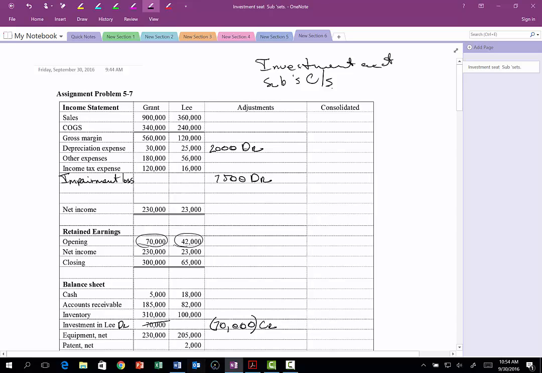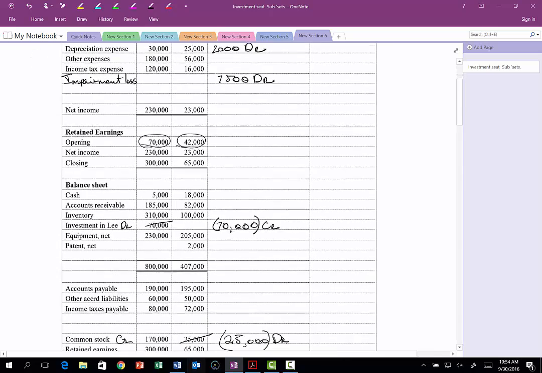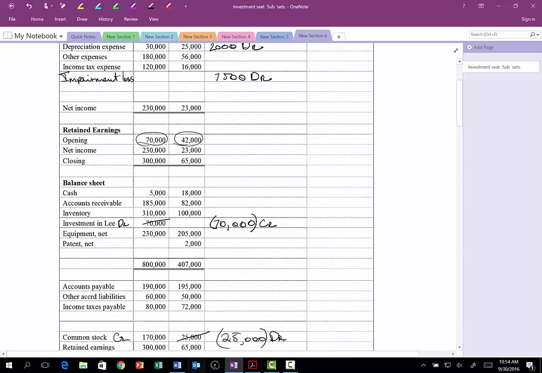Next up, the blue in step 2. The blue are our balance sheet adjustments. For our balance sheet adjustments, we of course have the patent. These adjustments are what's left of our fair value differentials from acquisition.